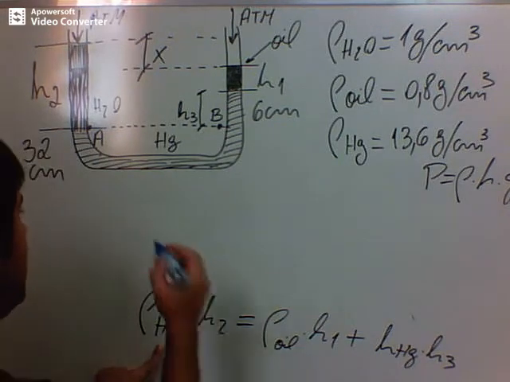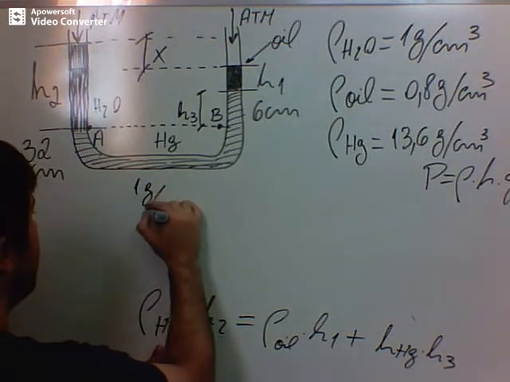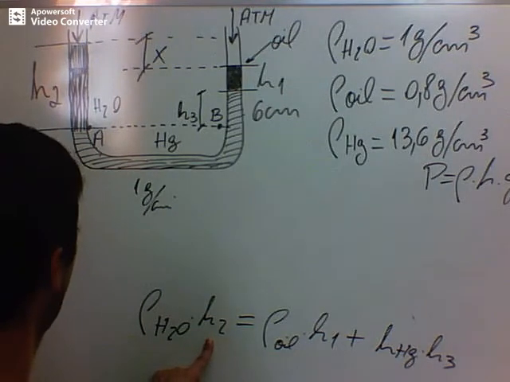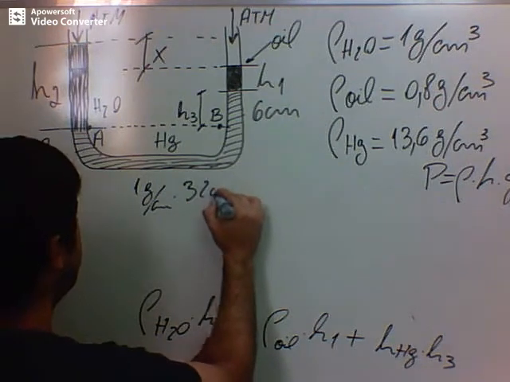This density here is 1 gram per cubic centimeter. This height here, H2, is 32 centimeters.